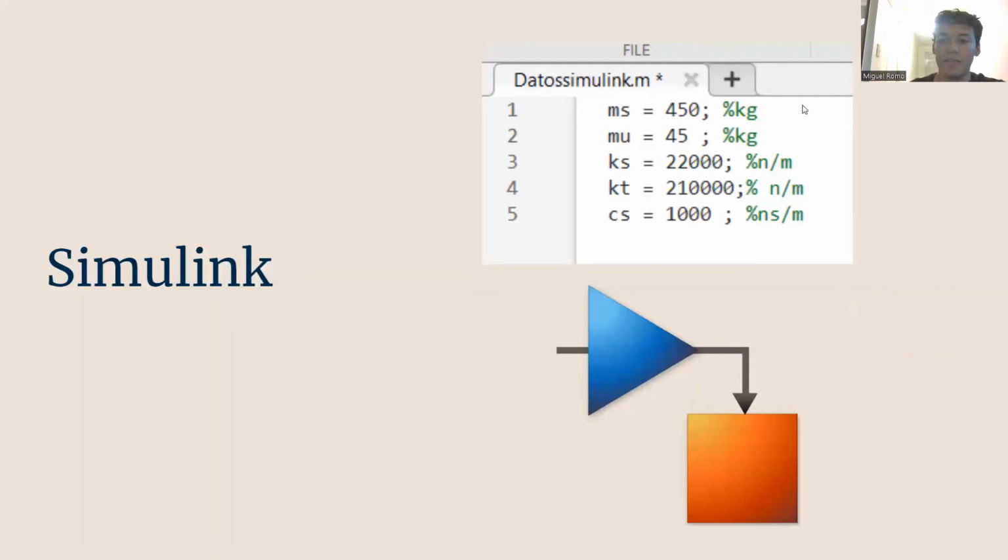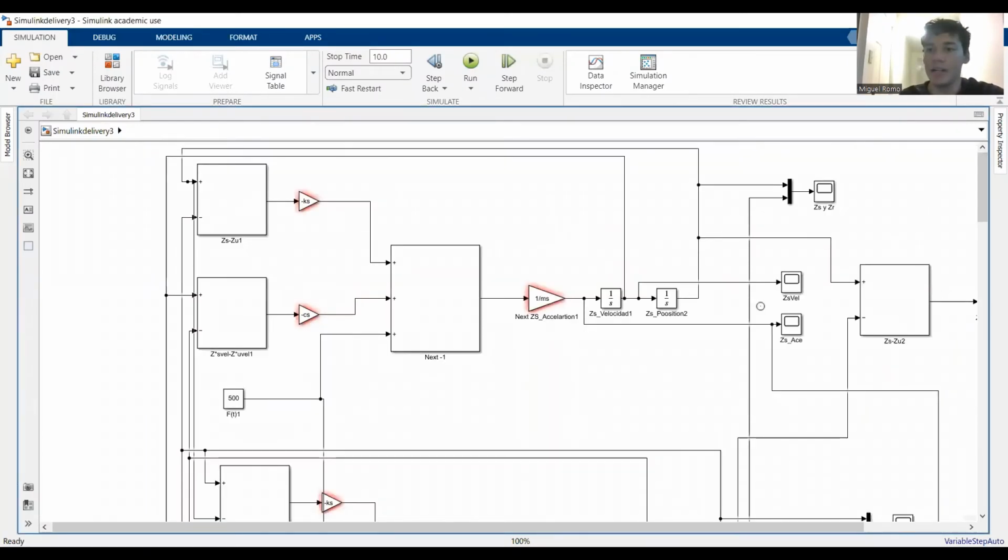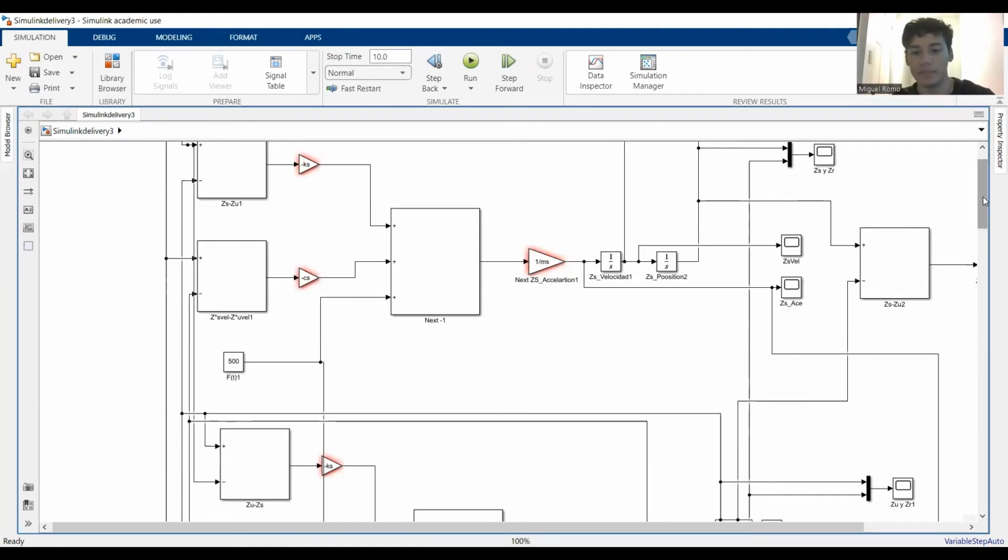Now, I will show you how I put those in Simulink. First of all, I want to say that these are the data that I used. So this is the Simulink. In the upper block, we can see how I simulated the differential equations.